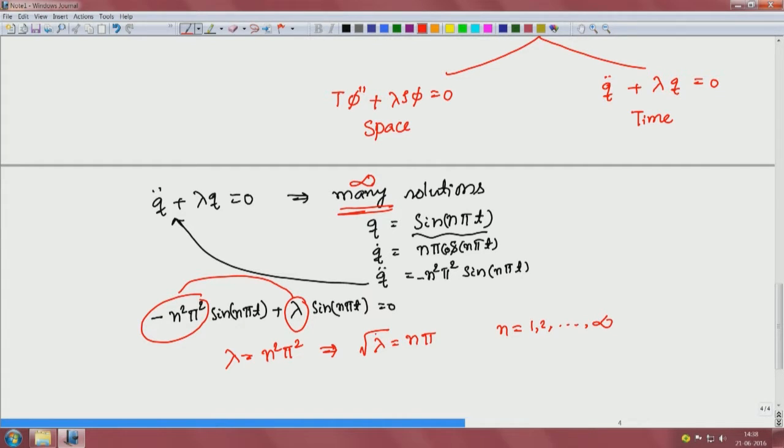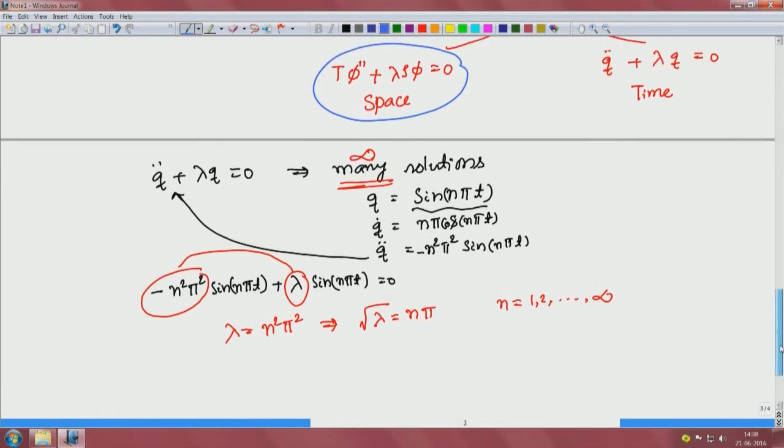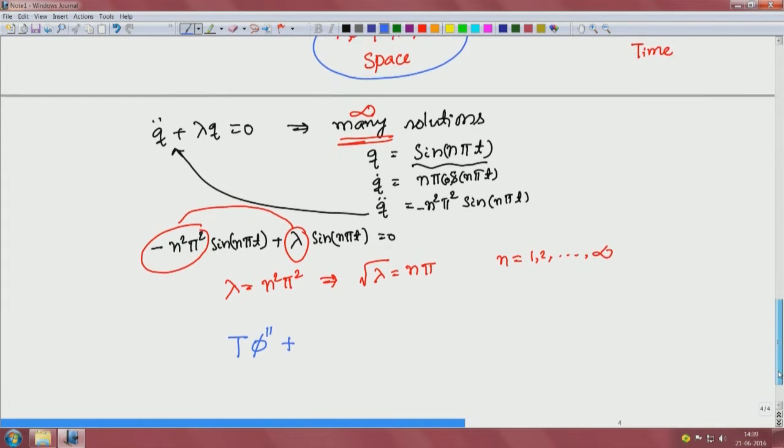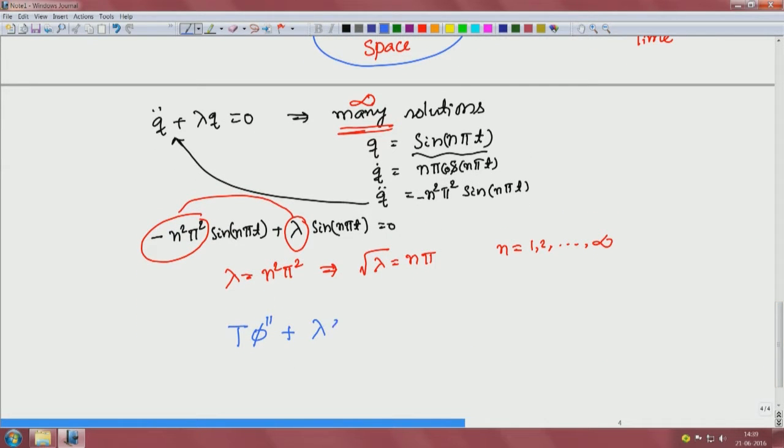Now, I take this lambda, I can put it back into this equation and solve for phis. Now that we know many lambdas are there, I take T phi double prime plus lambda rho phi equal to 0, where we know that this lambda is equal to n square pi square. For each value of n, I get to solve this equation for phi.